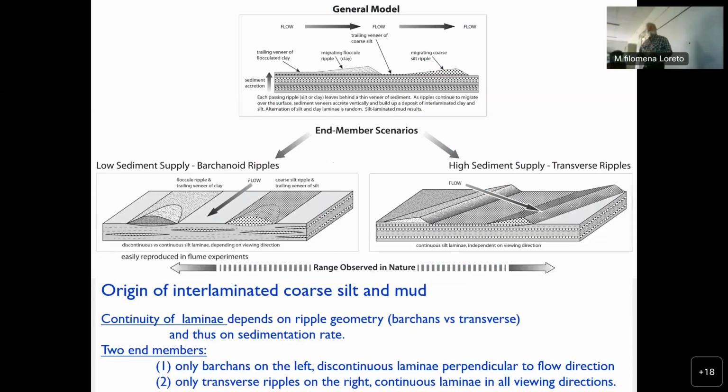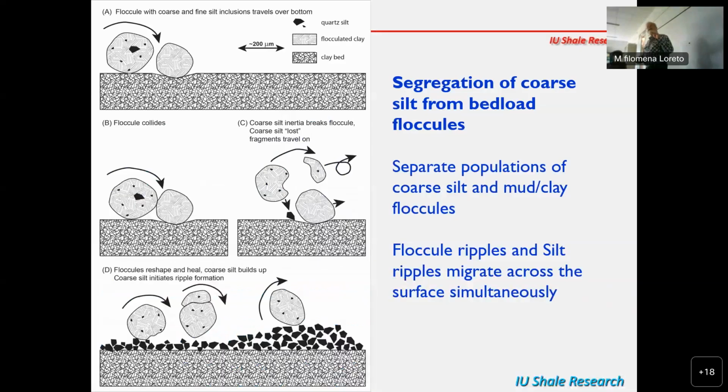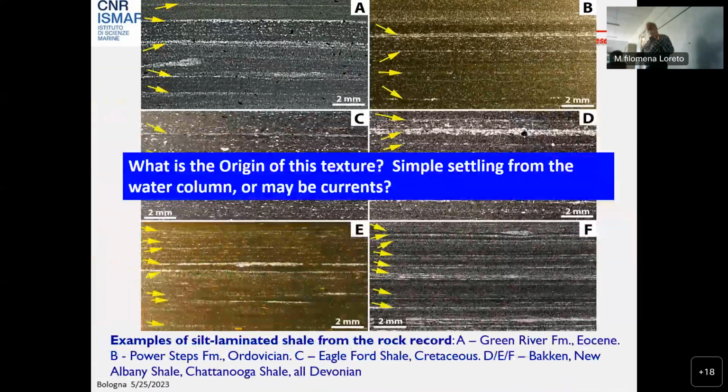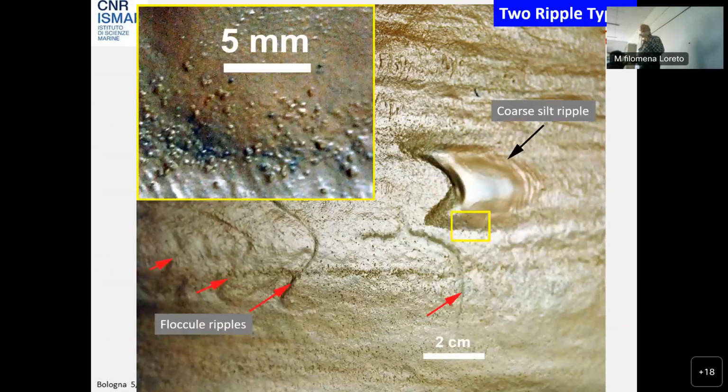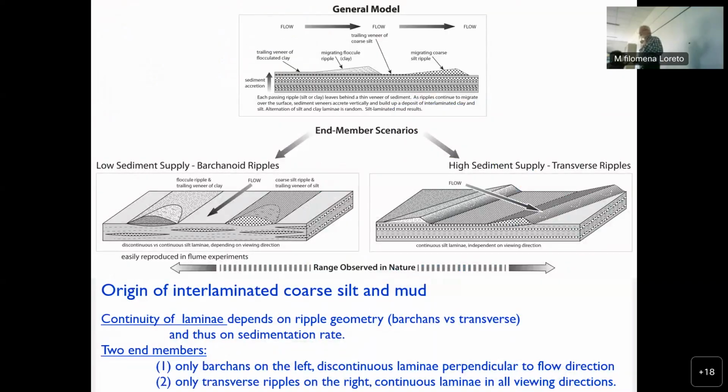If we have low sediment supply, we may get barchan ripples, and then in one flow direction we get little lenses, and parallel to flow we get continuous layers. And when we have high sediment supply, we get transverse ripples. So this is basically how we can make this kind of stuff. That's how it happens. We have done this in flume experiments multiple times, and it works just fine.